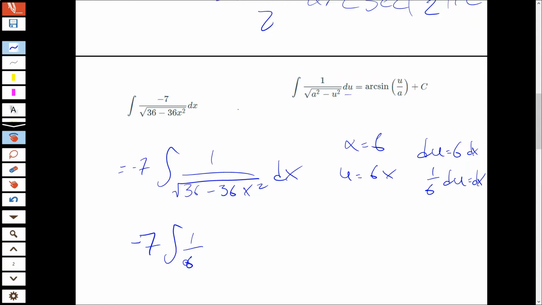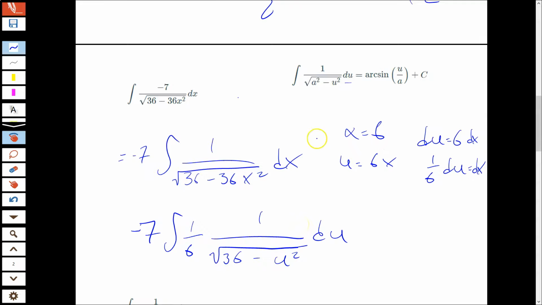So I'm just going to write the 1/6 in front. And then I'll leave the 1, and I'll replace dx with du. And then I guess we can say 36 minus u squared.